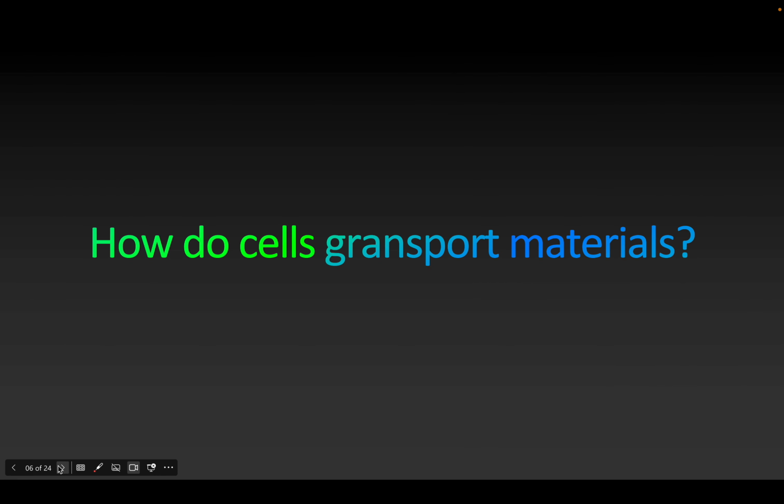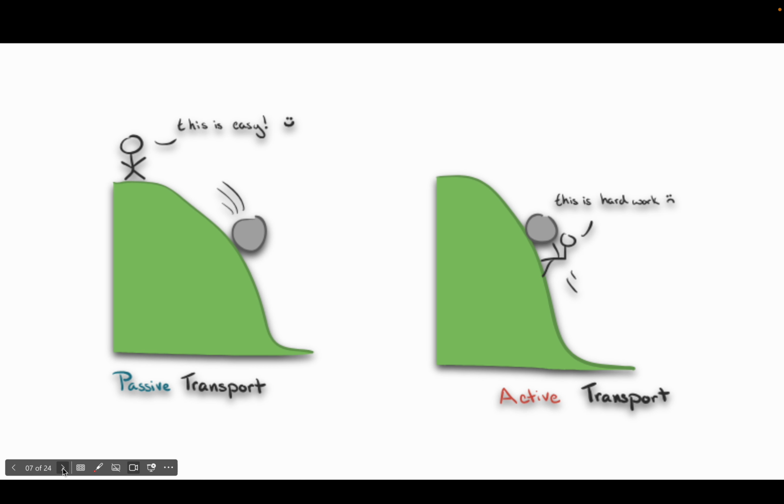Now, how do cells transport materials? There are two basic types of chemical transport: passive transport and active transport.